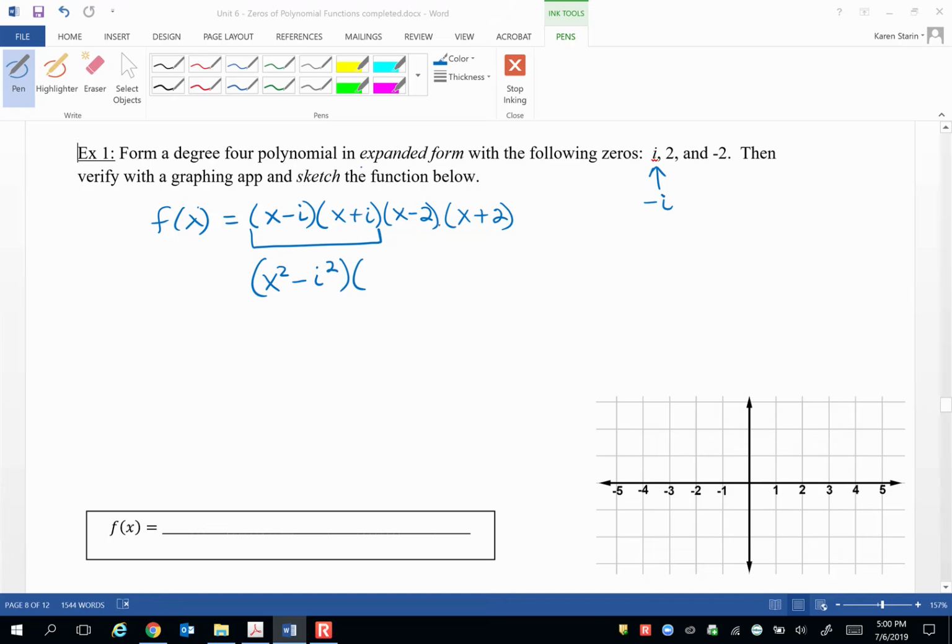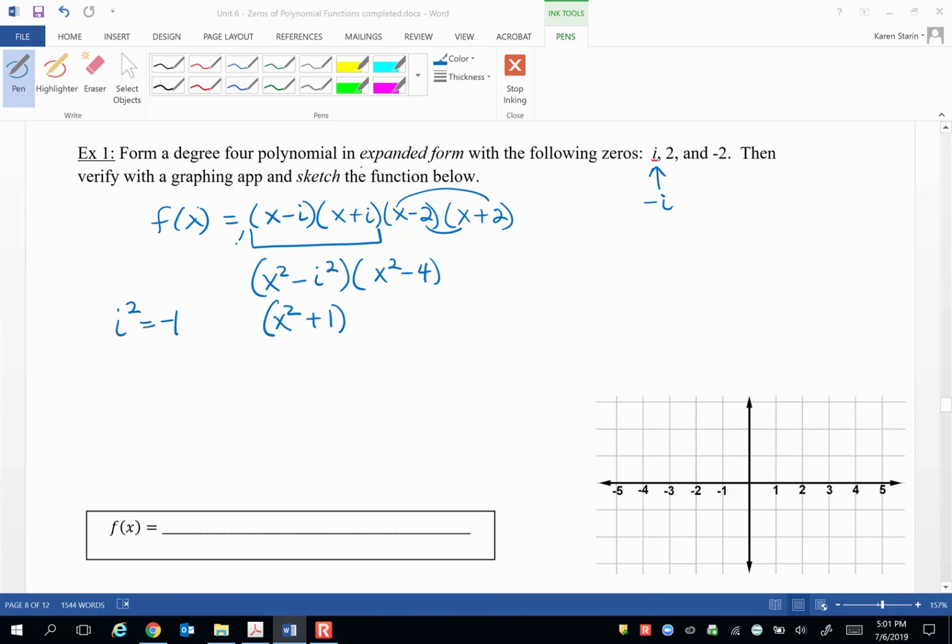And I have the minus plus pattern here, x minus 2, x plus 2, which came from the difference of squares because the inner and the outer products there will also cancel each other. But let's rewrite x squared minus i squared as x squared minus -1, because remember i squared equals -1. So that will become x squared plus 1.